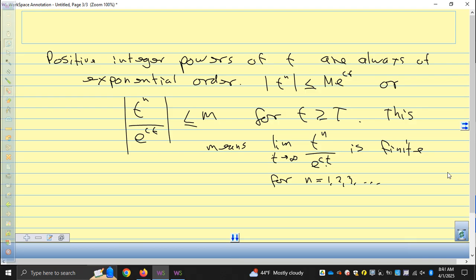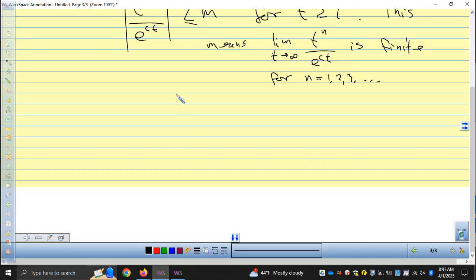So our theorem for existence of the Laplace transform. We defined exponential order.